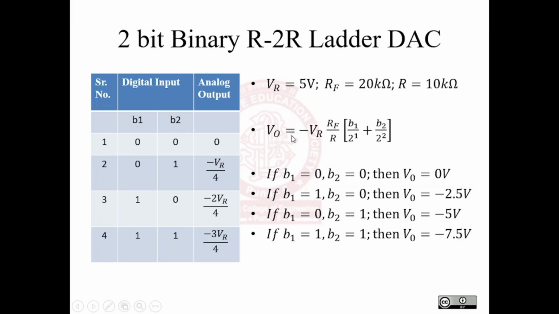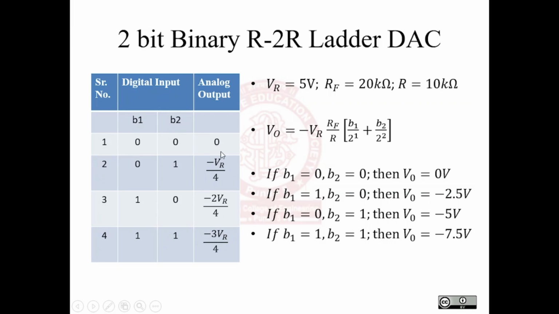Now if we substitute the values, B1 0 and B2 0, then the output voltage is 0. If B1 0, B2 1, then it is minus VR by 4. B1 1, B2 0, then this is minus 2 VR by 4. And B1, B2 both 1, then it is minus 3 by 4 into VR.